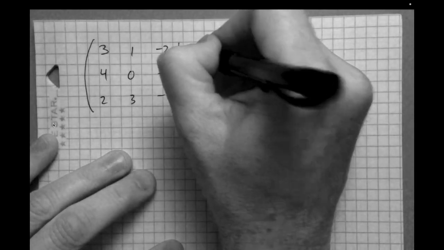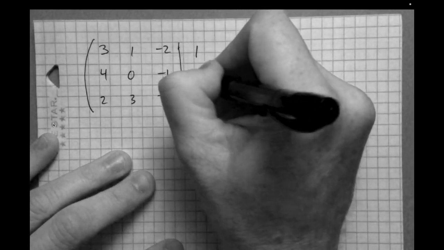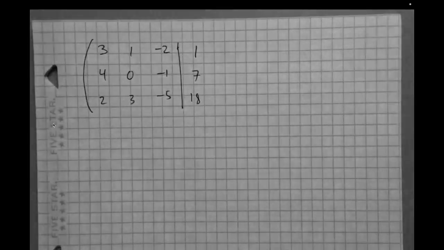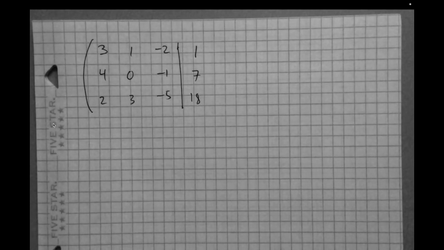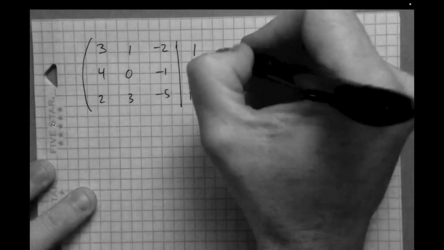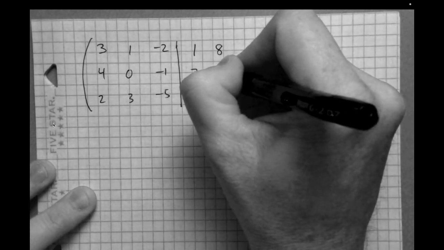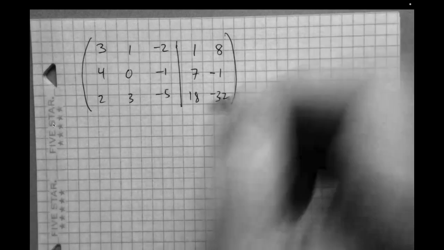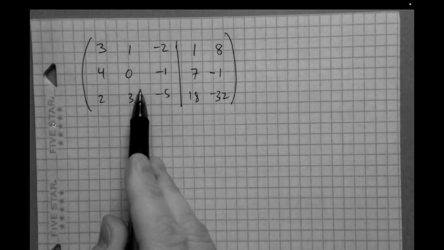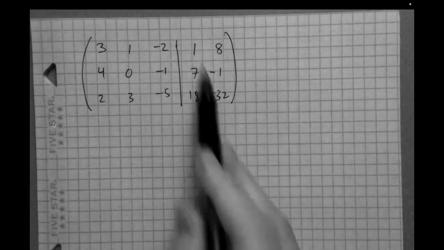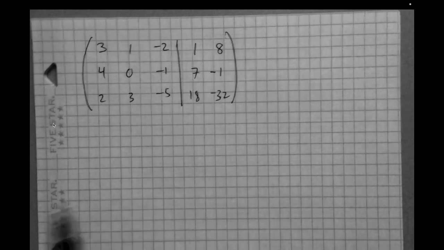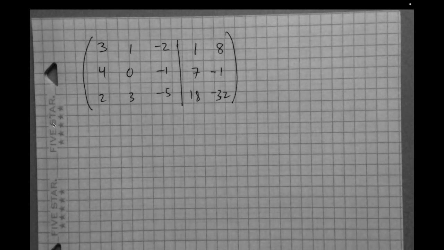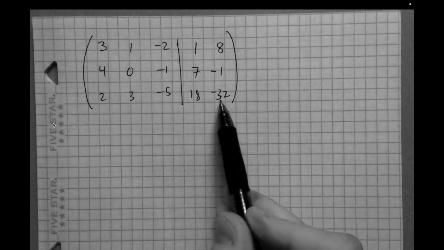One of them looks like this, 1, 7, 18. And the other one was 8, negative 1, negative 32. I can just put it right next to this. It's the same coefficient matrix, and now I've got two separate columns, each referring to a distinct system. So this was system 1, this one is system 2.